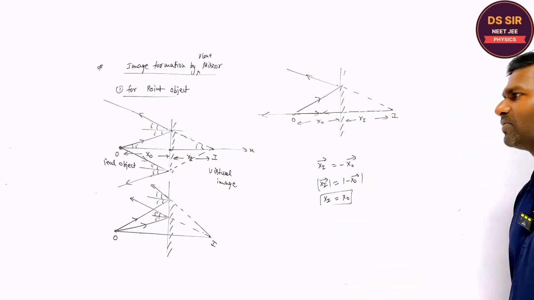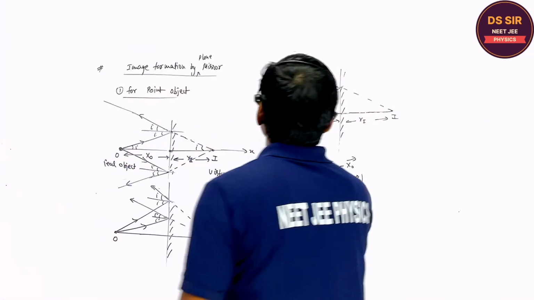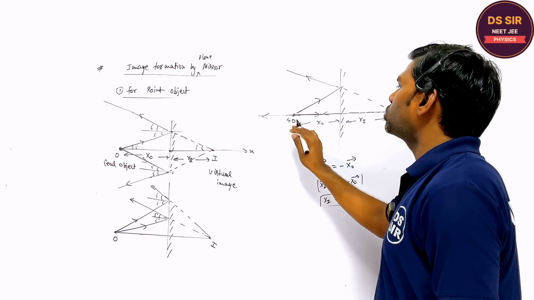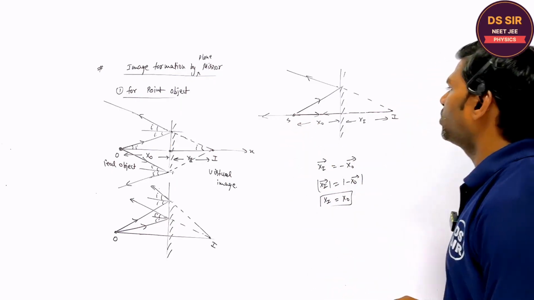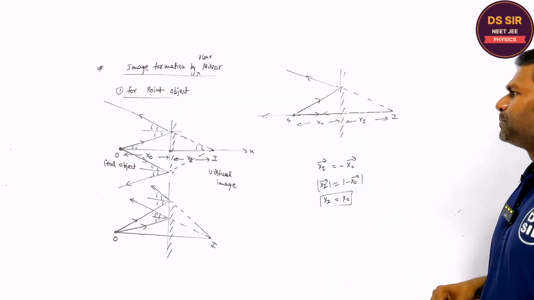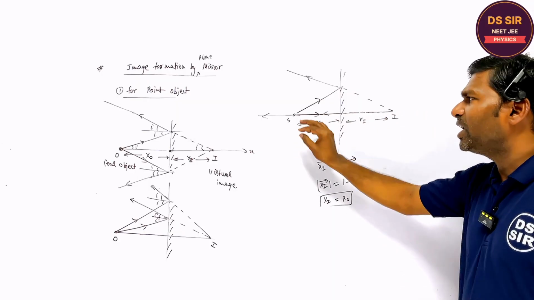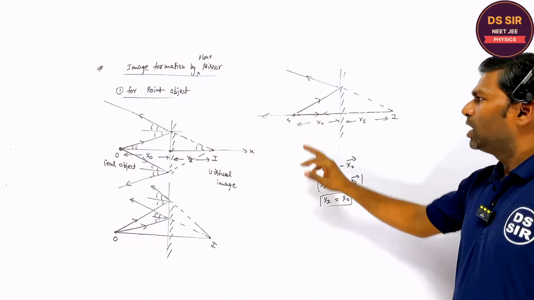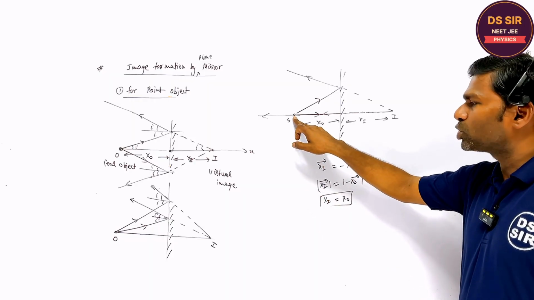Right, copy this first. When the point source of light is placed in front of the mirror, it is called the real object, and this image is a virtual image. The object is real if you can touch this source of light.